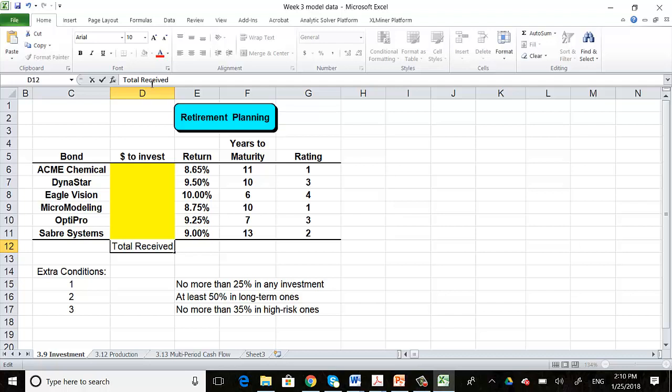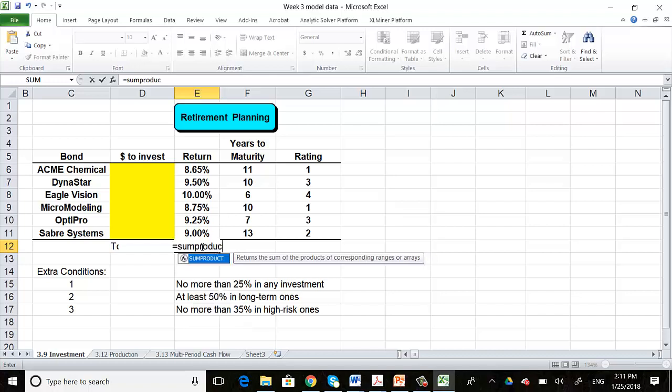Received. So it's equal to the sum product of this column and this column.